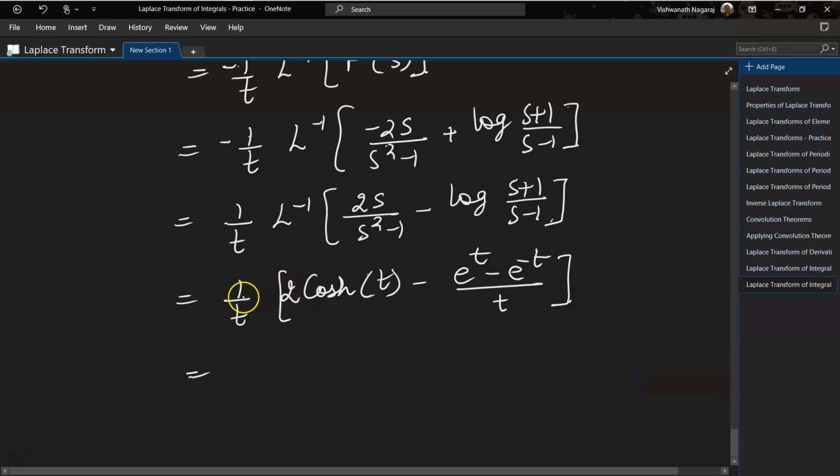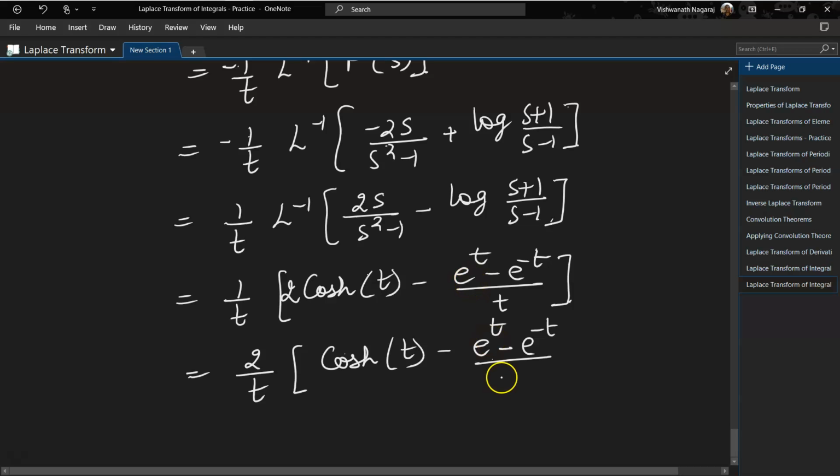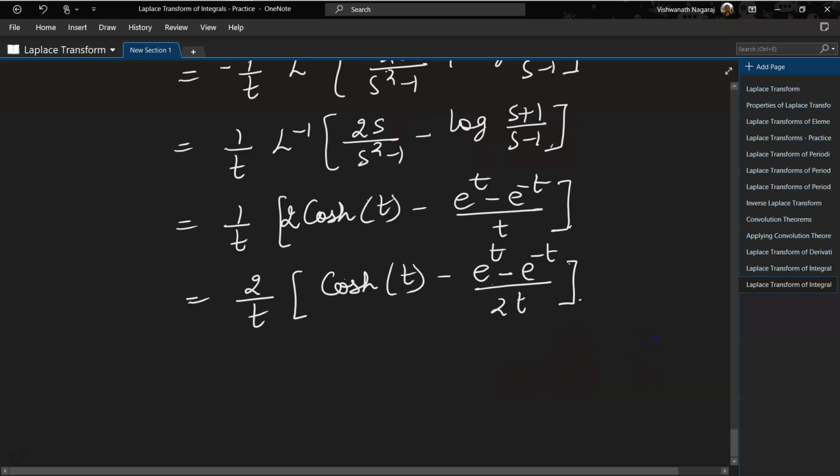Okay, good. Now let's take 2 out. So 2 by t, cos t minus (e to the power of t minus e to the power of minus t) by 2, remember we took 2 out. In this case there is no 2, so we have to divide it by 2. Not required.